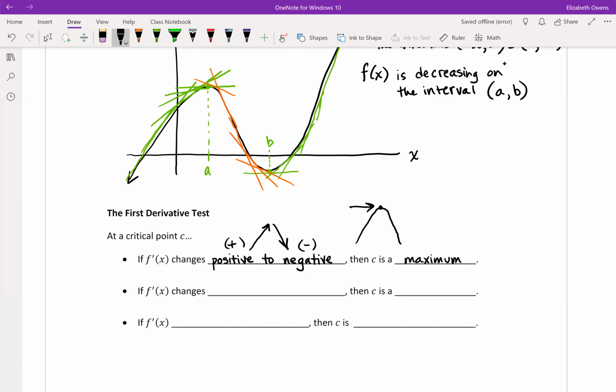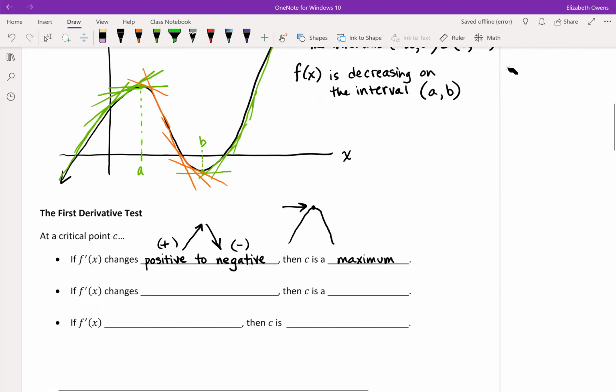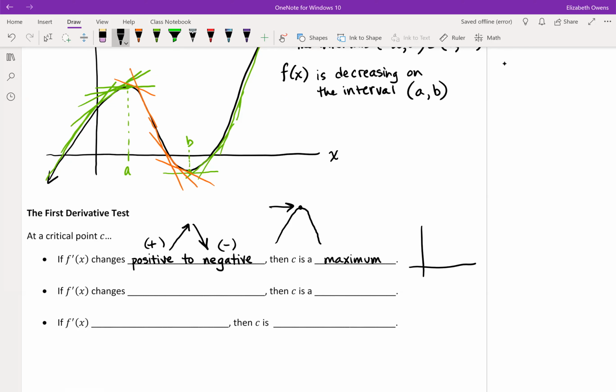And so you can see that that makes the critical point kind of at the top of a little hill. That's going to be a maximum, at least a local maximum, maybe also an absolute maximum, depending on your function or if you're looking at a certain interval of values. But that is what we're looking at here, changing from positive to negative gives you a maximum.